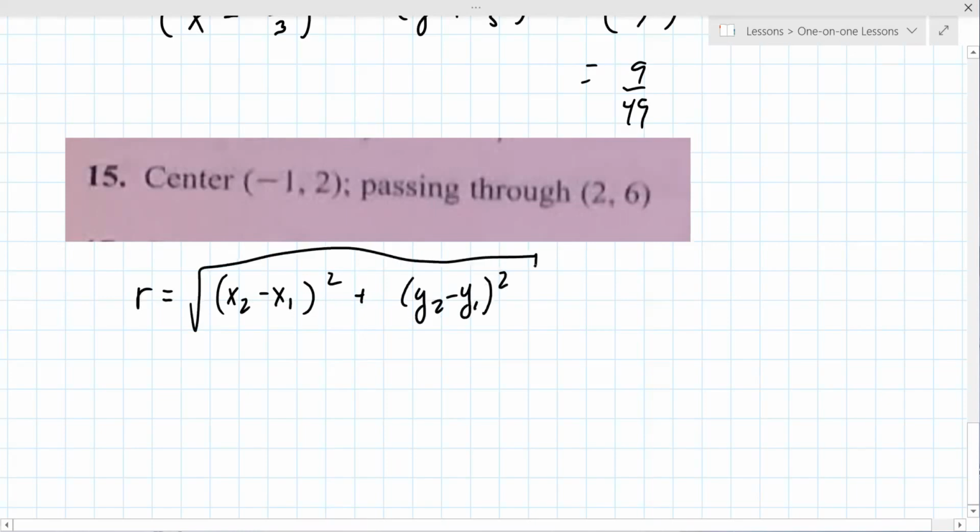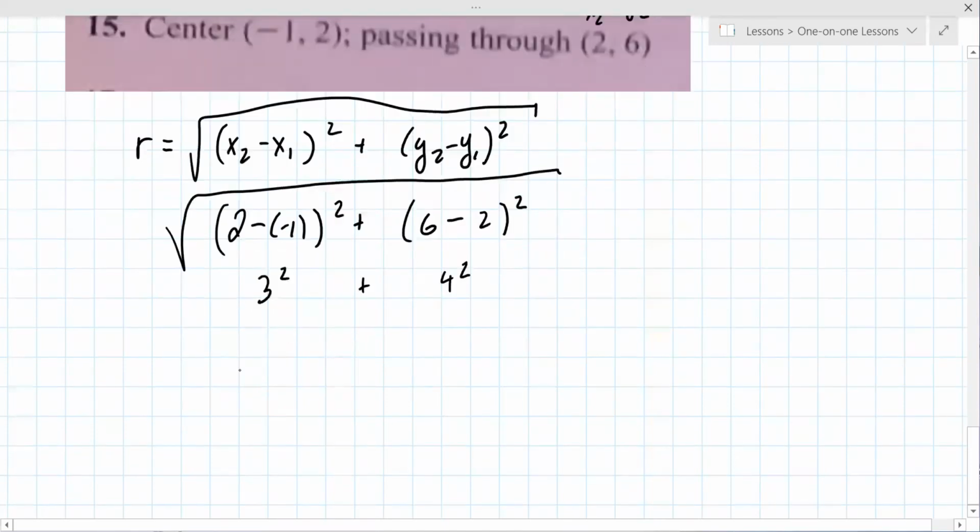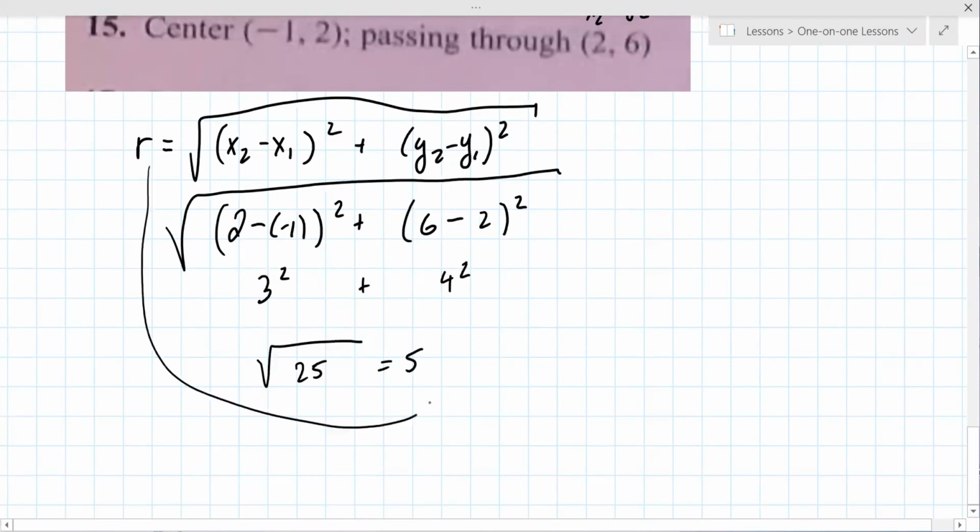So it's 2 minus negative 1 squared plus 6 minus 2 squared, square rooted. So this is 3 squared plus 4 squared, which ends up being the square root of 25, which is 5. So your radius is 5.